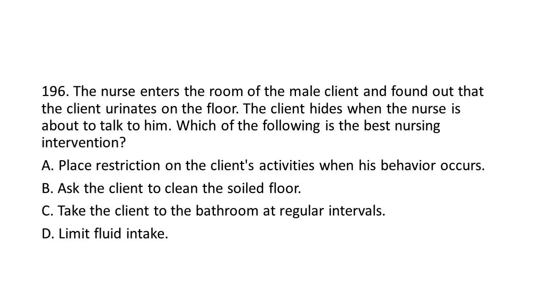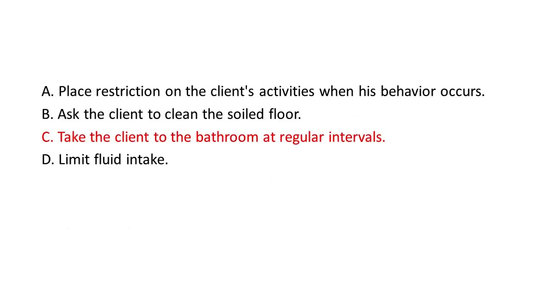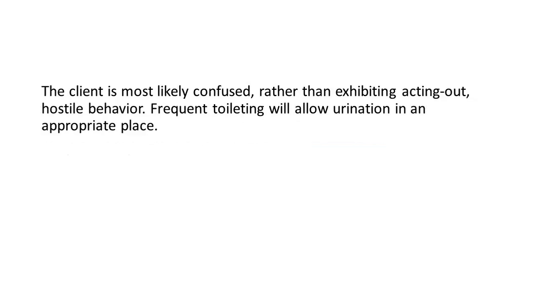C. Take the client to the bathroom at regular intervals. D. Limit fluid intake. The answer is C. Take the client to the bathroom at regular intervals. The client is most likely confused, rather than exhibiting acting out hostile behavior. Frequent toileting will allow urination in an appropriate place.